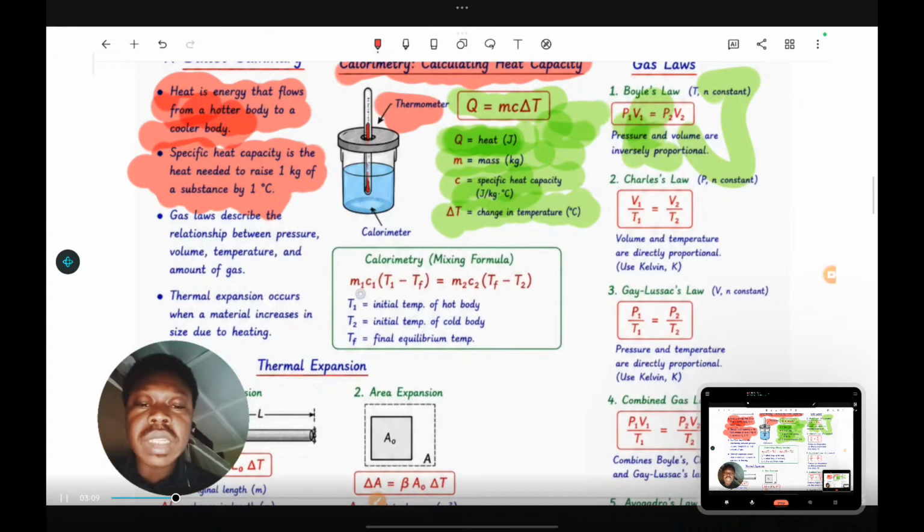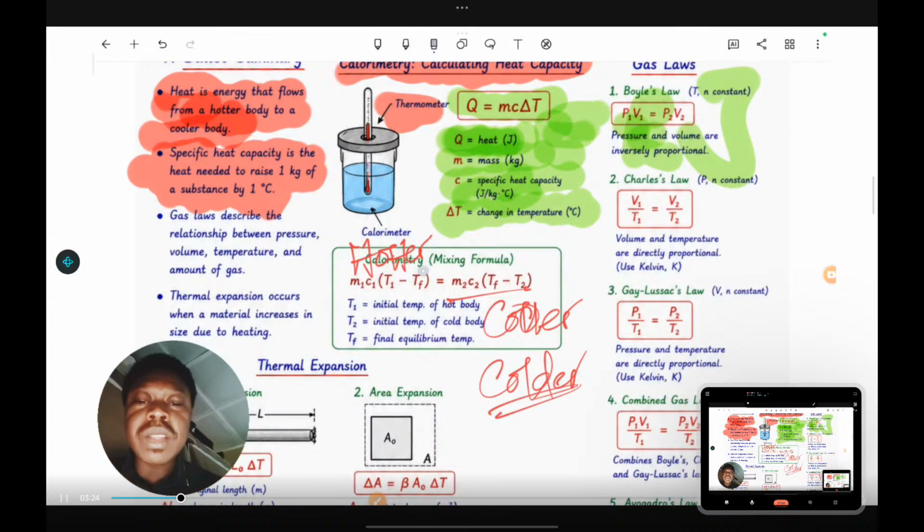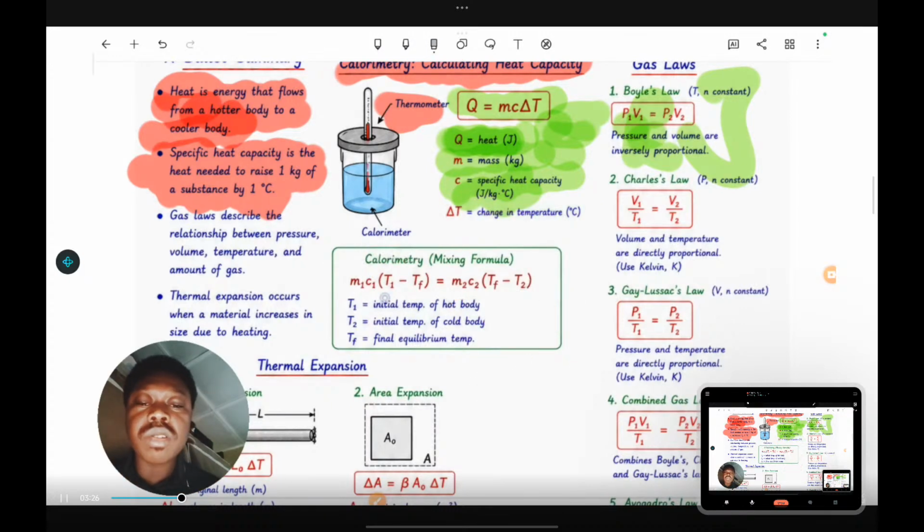Alright, so this is for hot substance, and this part is for the cooler substance, or we can say colder substance. So as heat is being transferred, it has to come from a source and then it lands on the receiver. So this is the source of the heat and this is the recipient of the heat.